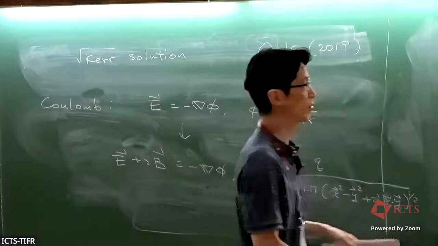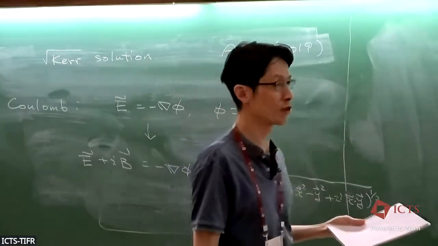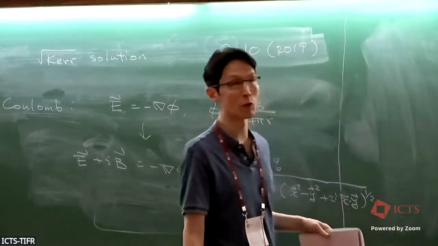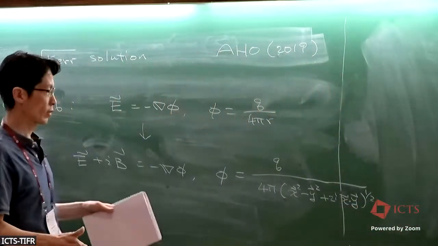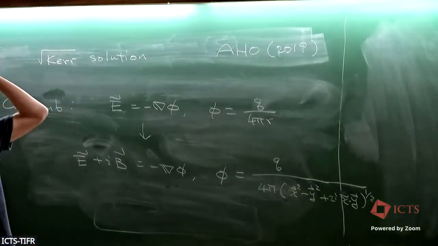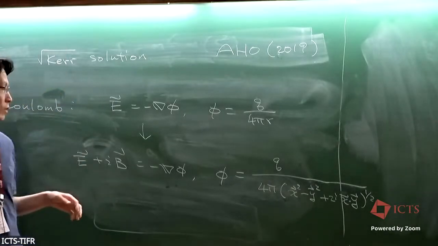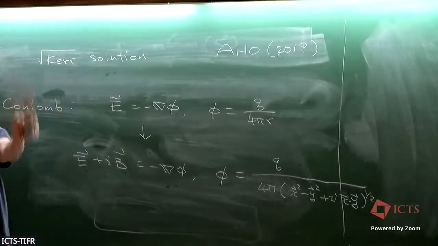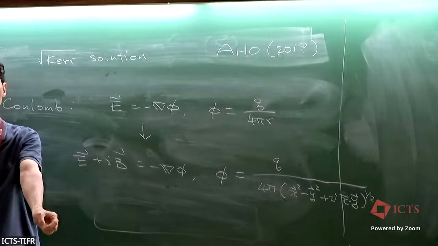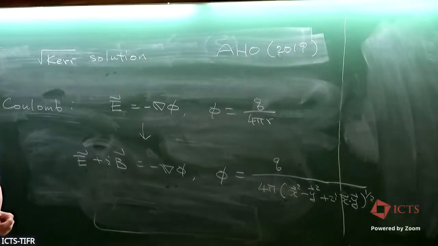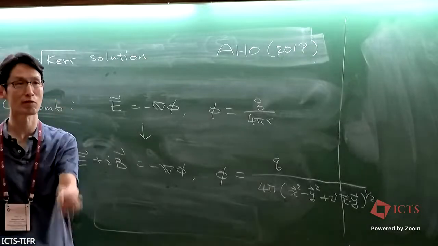So when we are trying to couple our massive twistor model in an arbitrary electromagnetic background, our goal is to get the dynamical version of this square root Kerr particle. I mean, this solution assumes that some strange particle is sitting at the origin of your space, and you are looking at the electric field and magnetic field sourced by this strange particle.